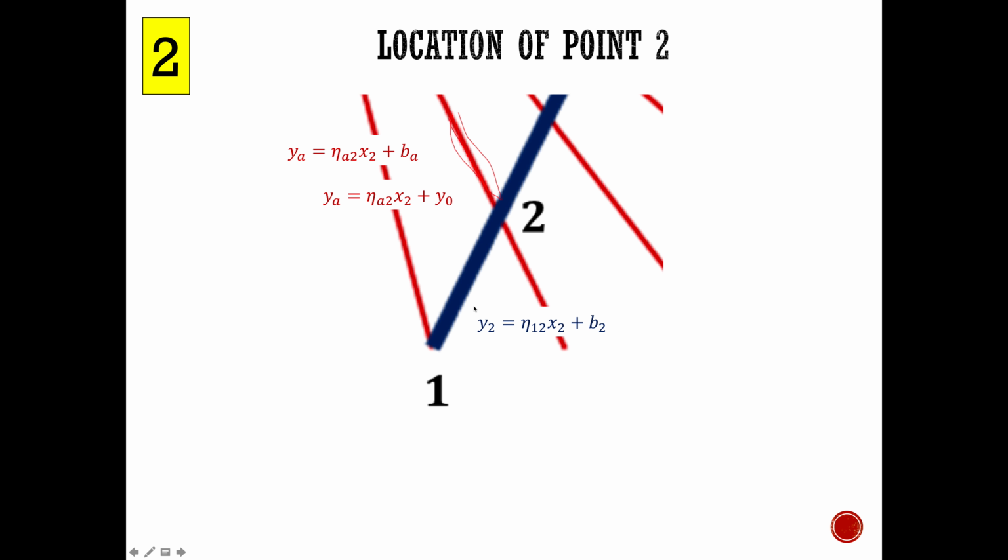So here's x2, which I solved from this equation. Once you get x2, your y2 will be just this equation. I can rewrite this y2 equation as mu 1,2 times (x2 minus x1) plus y1, and we already found y1 right here, which equals 0.37. So the location of point 2 will be 0.45 and 0.37.